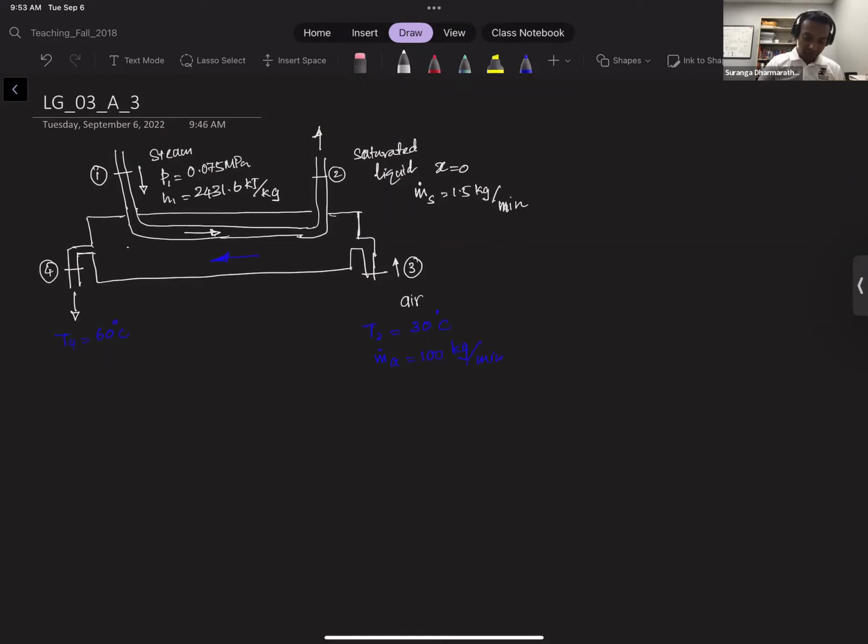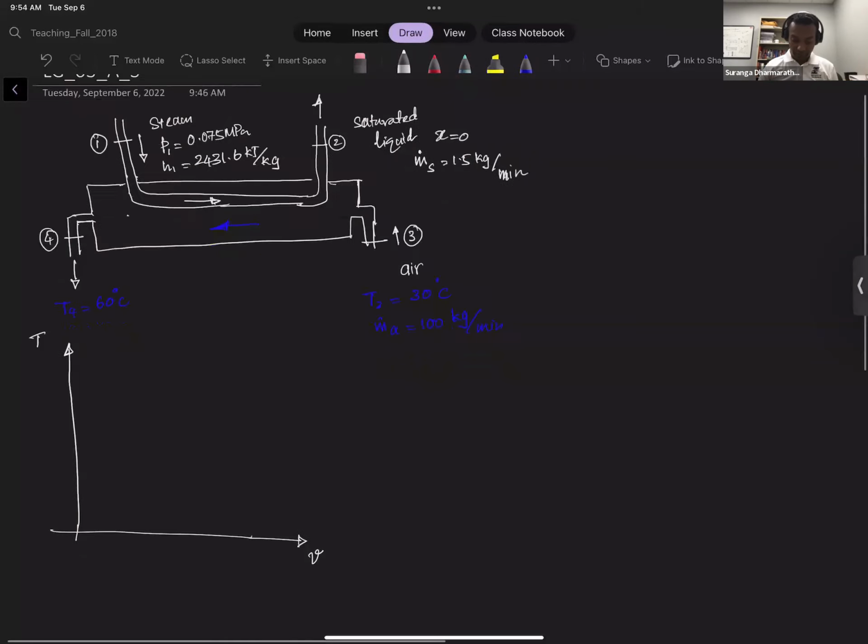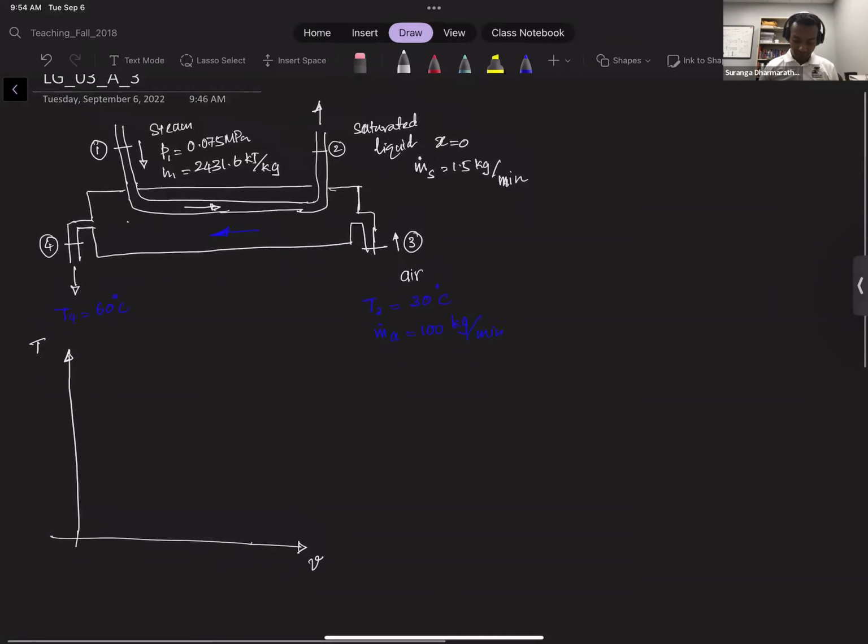So let's look at a property diagram. For this case, I'm going to draw a TV diagram. So these are constant pressure processes. Each of these, 1 to 2 and 3 to 4, we can consider as two different processes.